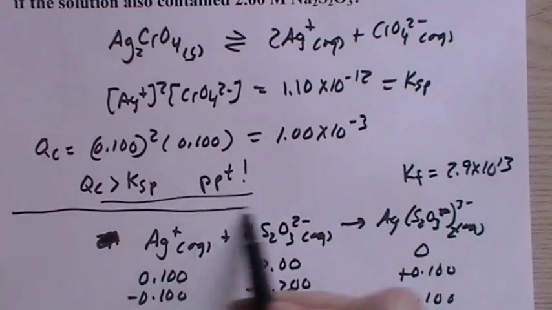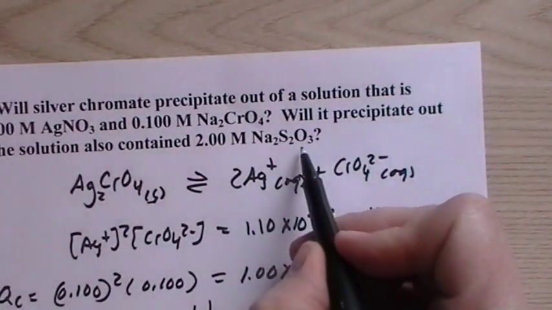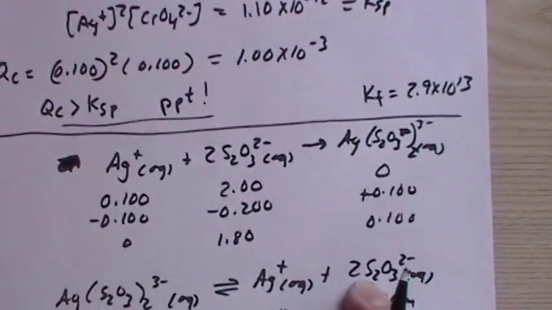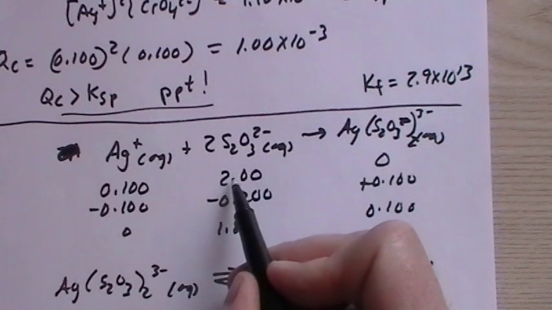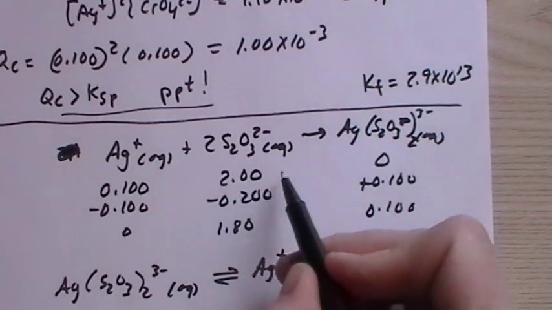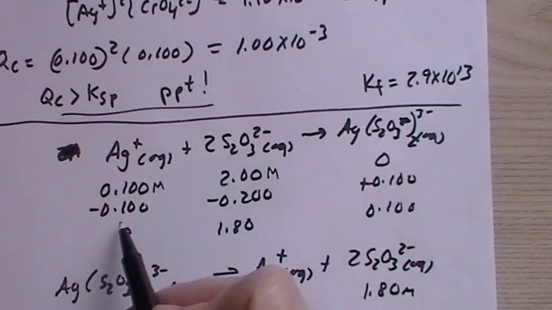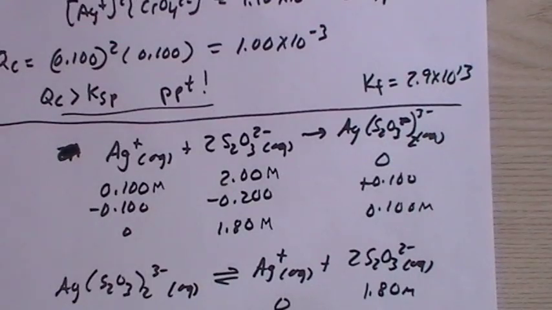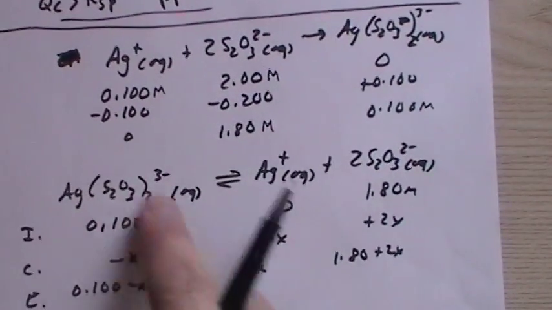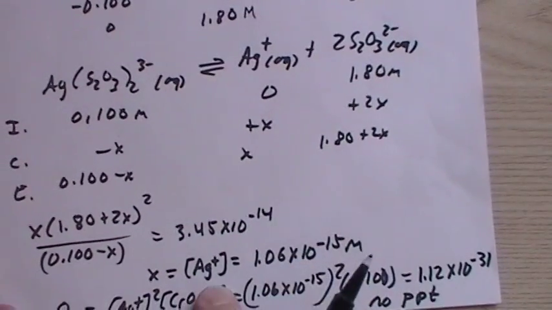a precipitate. However, if we have this thiosulfate ion present, then the silver is 0.1 and the thiosulfate is 2 molar. Then we do out the problem as normal to determine the amount of silver that's left over. We flip the reaction around, and then we solve for the silver ion.